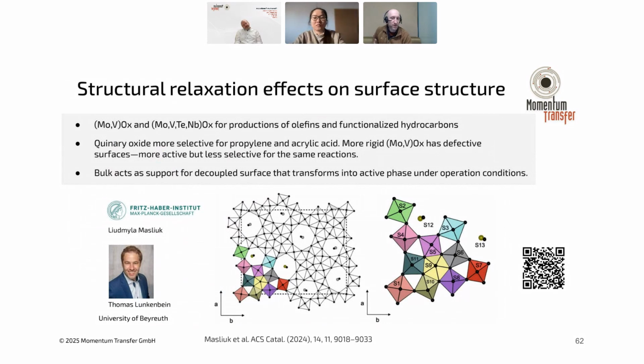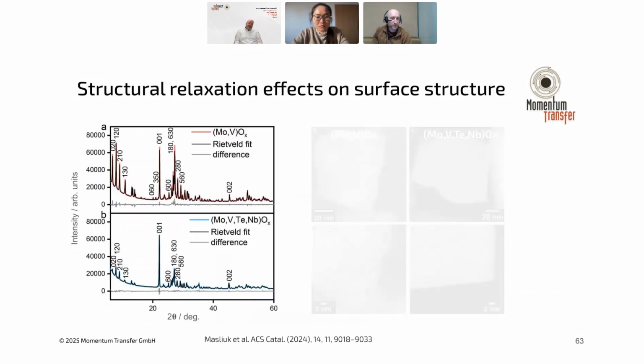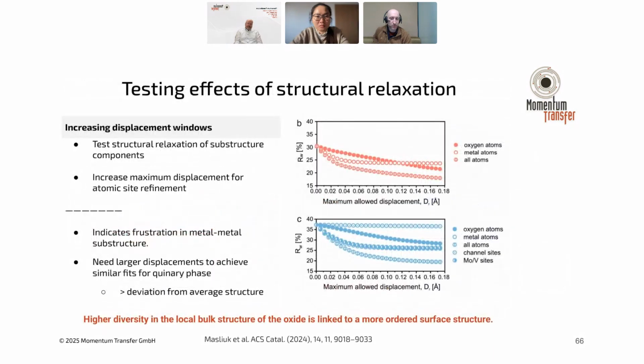And so if I have more possibilities for localized sites, then I have more extensive and different distributions of relaxation happening. And so what that means is that I have a less rigid structure, more relaxation happening in the bulk of the quinary oxide.